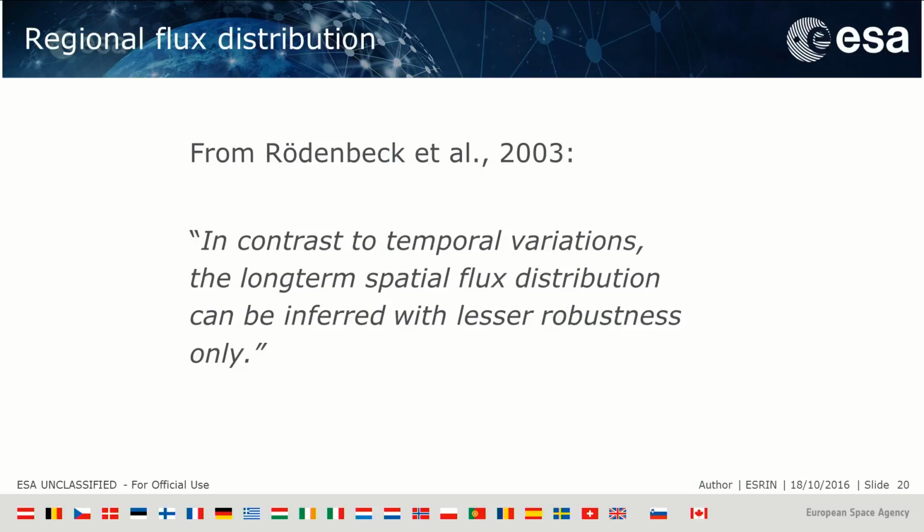But okay, so for the regional flux distribution, this is a quote from Christian Rödenbeck, who works at my institute, and he actually built the inversion model before I got there even. This is from his paper in 2003. This is completely true: in contrast to temporal variations, the long-term spatial flux distribution can be inferred with lesser robustness only.